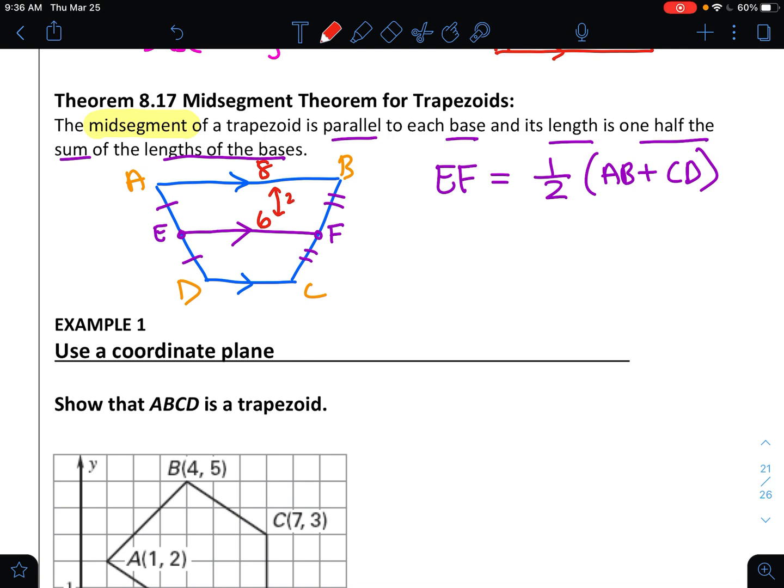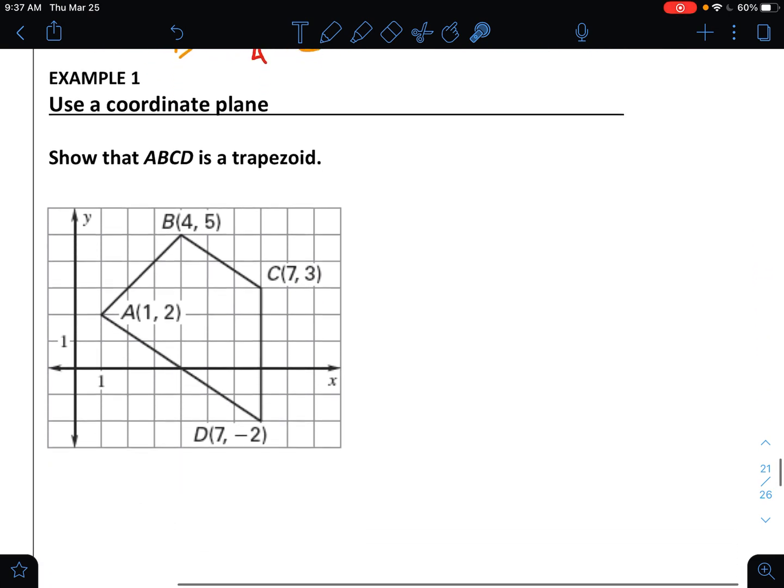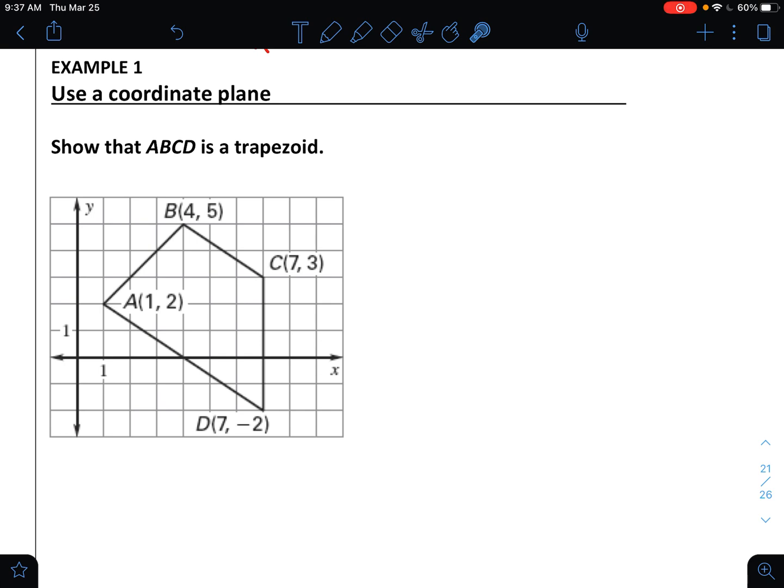Well, if EF is in the middle and AB is 2 units above it, then I know that CD needs to be 2 units below it. Okay, so do you see how that works? So think about EF is the middle number, and you're going to average them. Now, if I have variables here, I certainly am going to need to work through this formula here. Okay, we're going to come back to that here in a little bit.